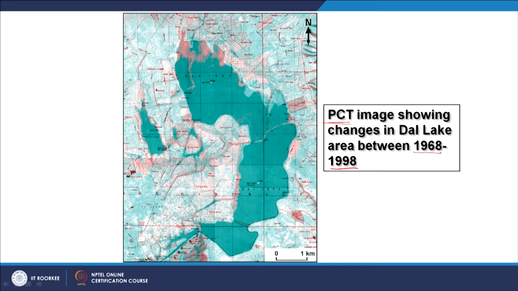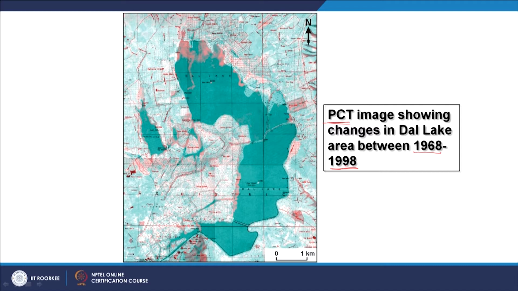With a 30 year time difference, a change detection map or image was created, which very clearly shows which areas have been encroached, or where the shape of the lake has distorted because of human activities or maybe some natural ones also.